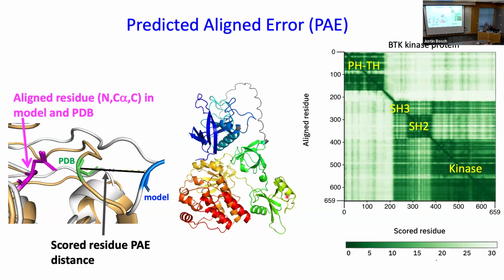These two domains in these kinds of kinases are always kind of the same orientation with respect to each other. And AlphaFold knows that. It knows that the two domains have a relationship to each other. That's this green stuff that is kind of off the diagonal. The kinase domain is here, big square for the kinase domain, and the position of the kinase and the SH3 domain in particular are kind of strongly related to each other, and the PAEs are pretty good.